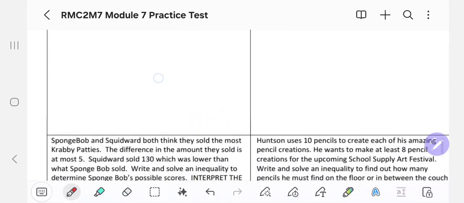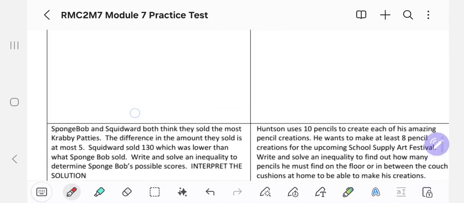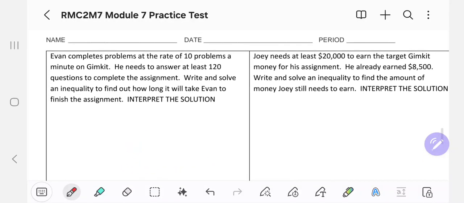All right, now we have, what do we have? 4 other types. My guess is that we have 4 operations, so 1 for each operation. Let's see how it works. Okay, so we gotta write. Oh, this time I remember to put interpret the solution. I even capitalized it. Okay, write and solve an inequality to find out how long it will take Evan to finish the assignment.